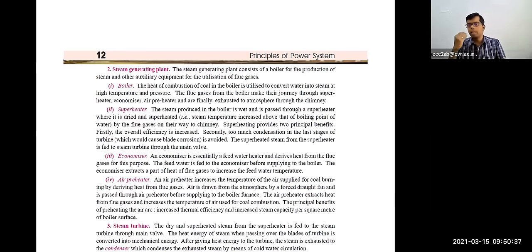Otherwise we would simply let the flue gases out, so we are extracting the maximum from the flue gases. The only thing is that some emissions might be there. Apart from that, we are extracting all the heat from the flue gases. If you see the thermal power station chimney, that is the outlet of the flue gases.